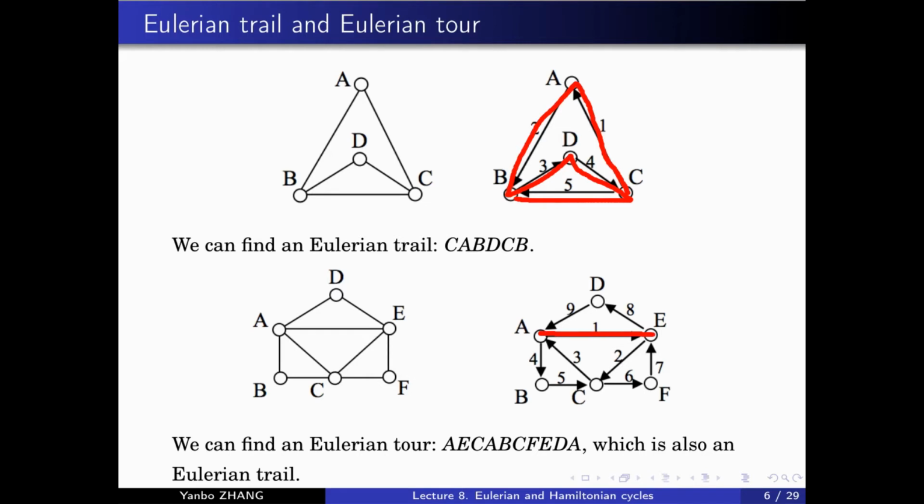A, E, C, A, B, C, F, E, D, A, which is also a special Eulerian trail. The starting point and the ending point are the same vertex. Remember that an Eulerian trail and an Eulerian tour should visit every edge exactly once.